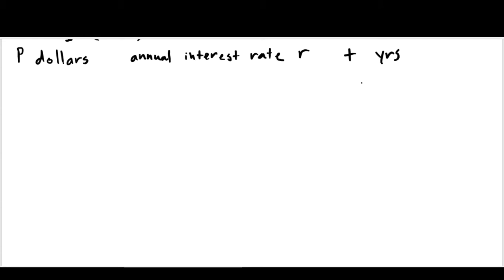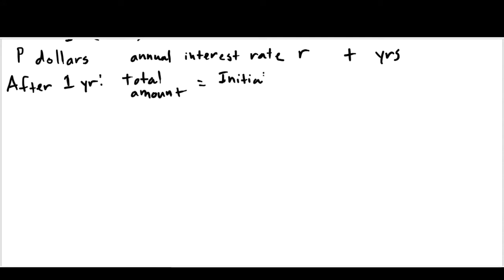So we could say, after 1 year, the total amount of money that you would have in the bank would be equal to the initial principal plus the interest, right?